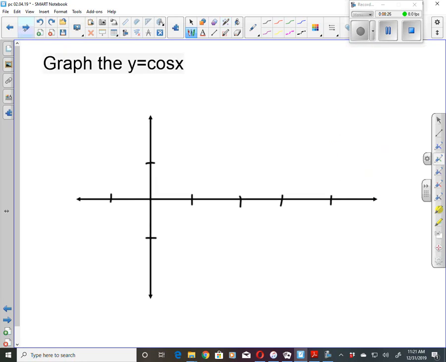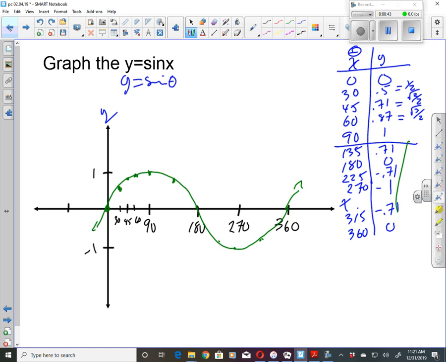For the cosine function, again, we could plot points. I'm not going to. I'm going to trust that if you are confused, you're going to take some time to do that. Again, my period here, we're going to figure out, as we saw, one full rotation in the sine wave turned out to be 360 degrees.